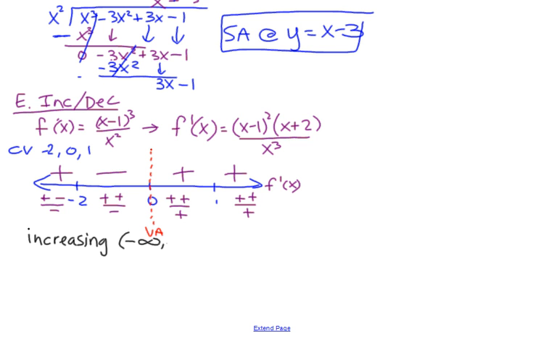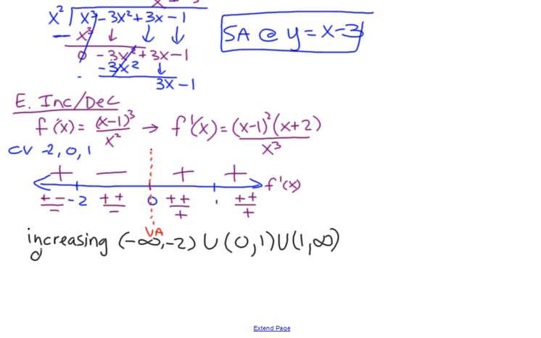Negative infinity to negative 2, union 0, oops, forgot the union. Now, what could I say, 0 to infinity? No, because that's a 0 here, not a positive or a negative. So we have to actually separate all of this. That's why having our critical value test is so helpful too.